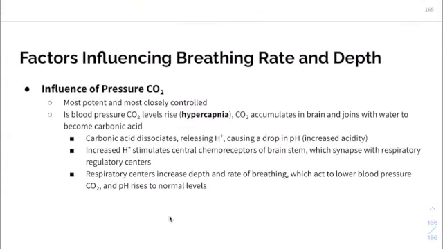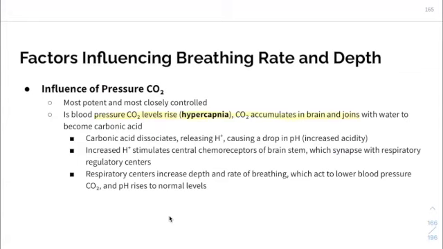What about those pressures of carbon dioxide? If we get too much carbon dioxide in our blood, hypercapnia, our carbon dioxide is actually going to accumulate in the brain.